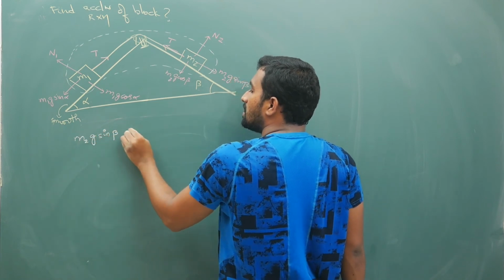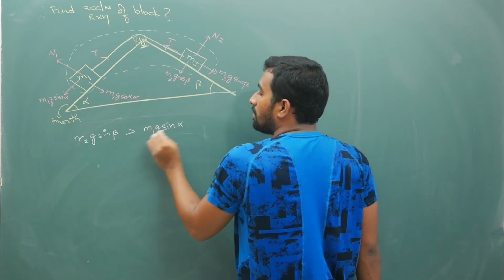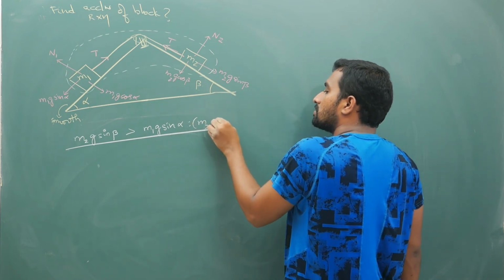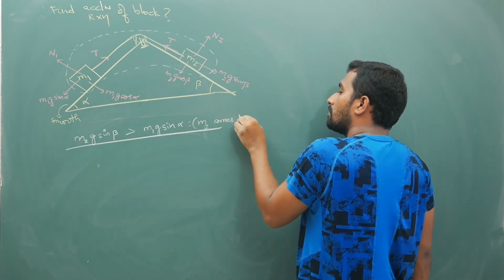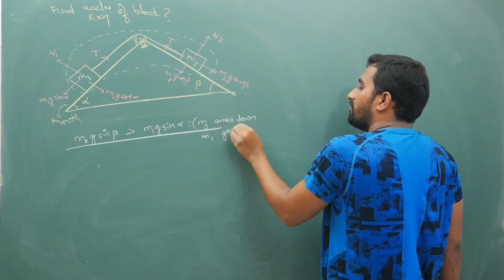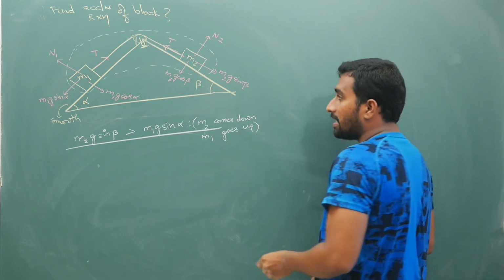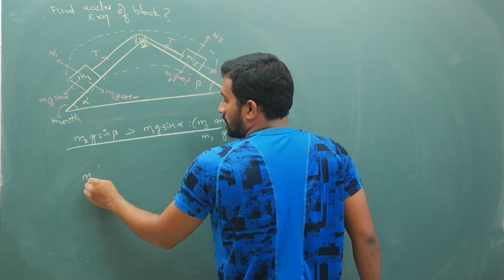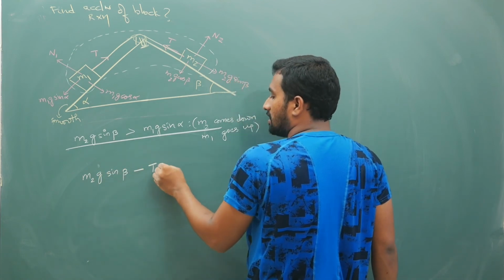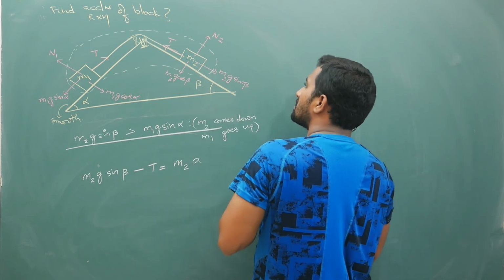So if m2g sin beta is greater than m1g sin alpha, then m2 comes down and m1 goes up the inclined plane like this. So if you write equations like this, m2g sin beta minus tension T is equal to m2 times acceleration a.